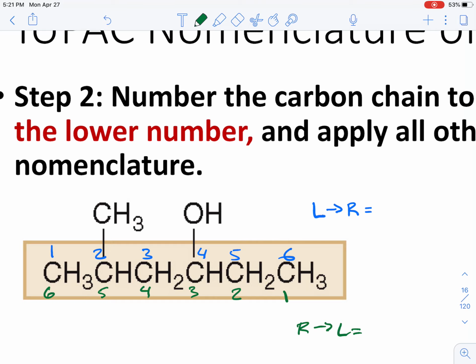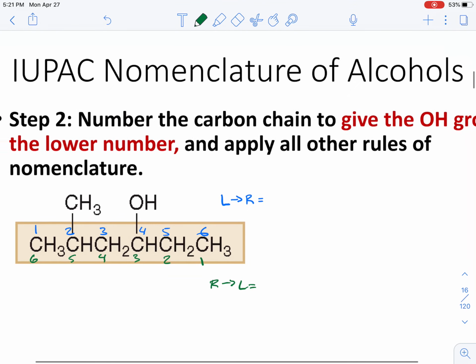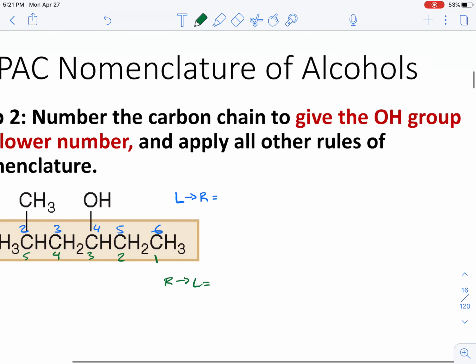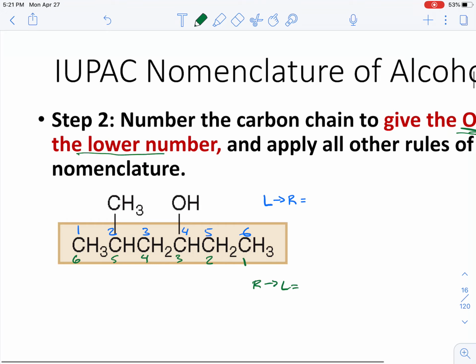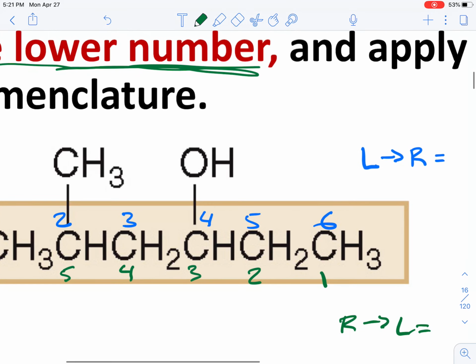It turns out that when we're naming alcohols, we're going to make sure that the hydroxyl group gets the lowest number in our numbering scheme. So we're going to focus on the alcohol, the carbon that contains the alcohol.